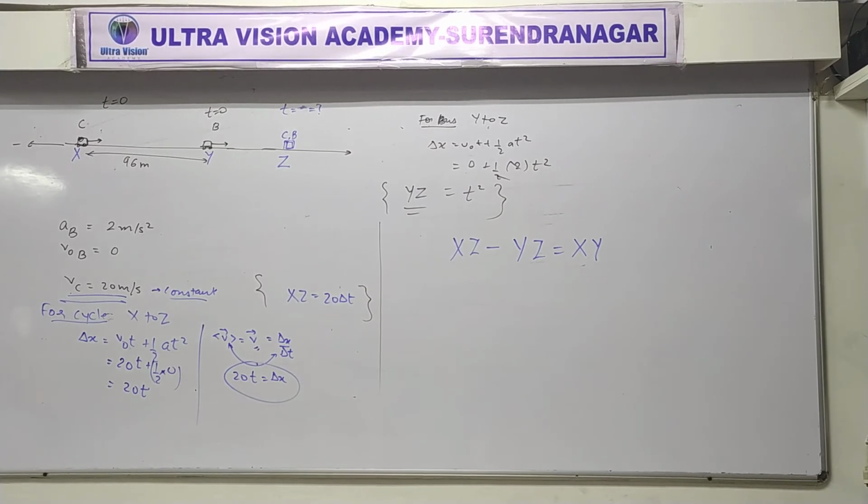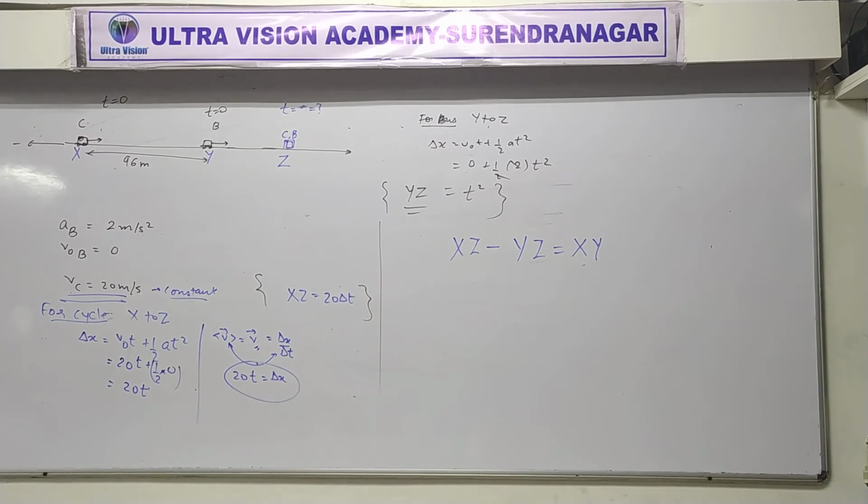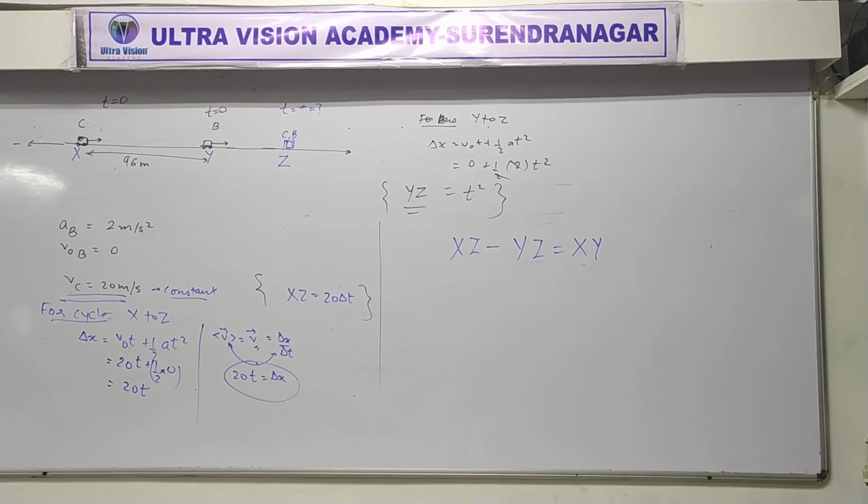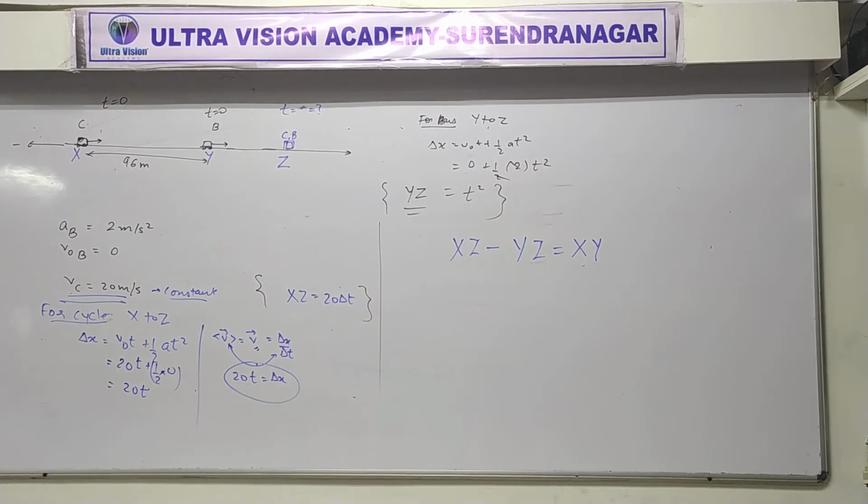Because the cycle takes less time. So you mean to say the bus takes 12 seconds to reach that point. Then that already means the cycle has overtaken the bus before that point, isn't it? We have to find when it overtakes. If the bus takes 12 seconds to go there, at some point before that the cycle would already be ahead of you. Then the answer is not 8 and not 12 either.